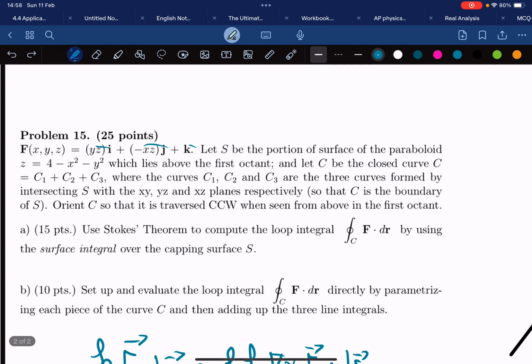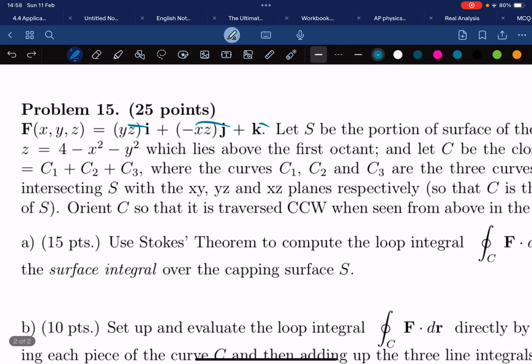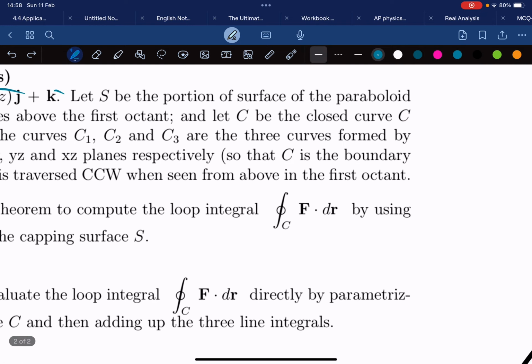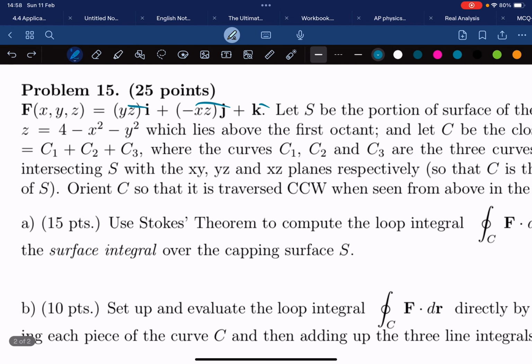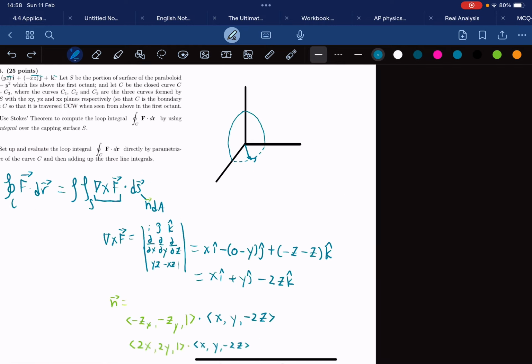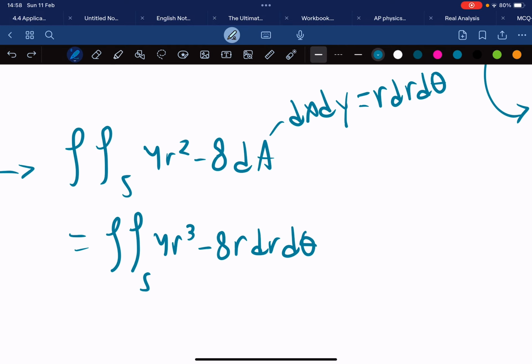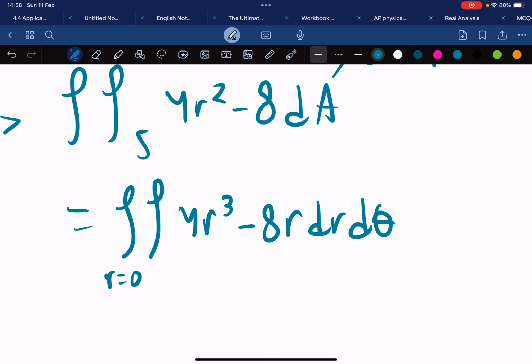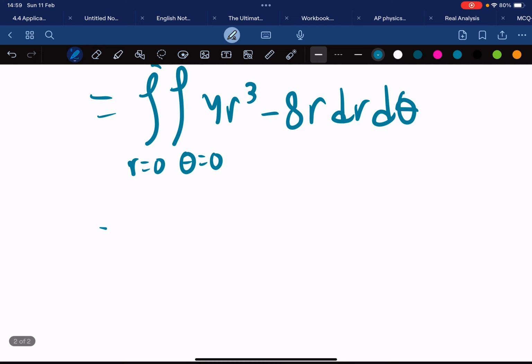We can find out that it's 2 because when z equals 0, x squared plus y squared equals 4, and that's just the equation of a circle of radius 2 centered at the origin. So r equals 0 to 2, and theta equals 0 to pi over 2.